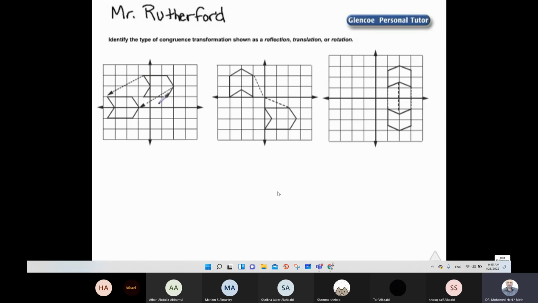Notice here in the first figure that each vertex, and I'll compare this vertex here and its corresponding vertex, notice that we have shifted this vertex 3 units to the left and 2 units down. And this is consistent with the other vertices. So because of this, we can say that this transformation is a translation.